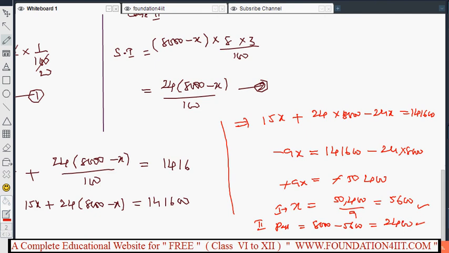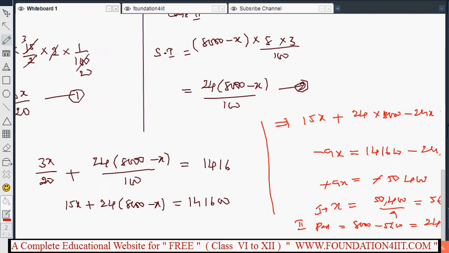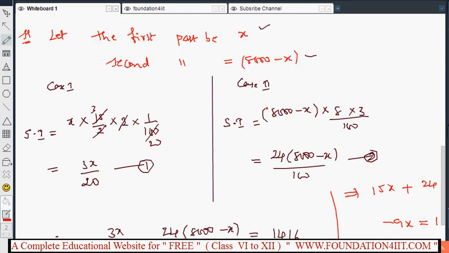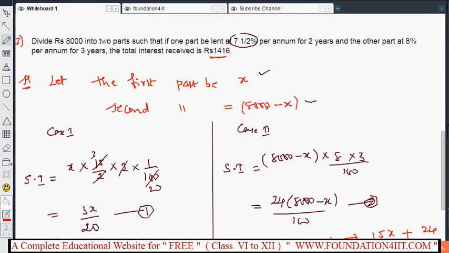According to the condition, the total simple interest is given, so we need to add. According to the problem you have to take the sum, based on the given data, and take the problem in an easy method. This is the way we can solve and simplify.